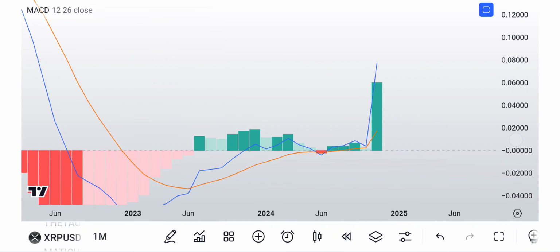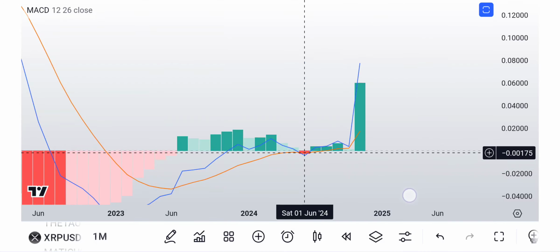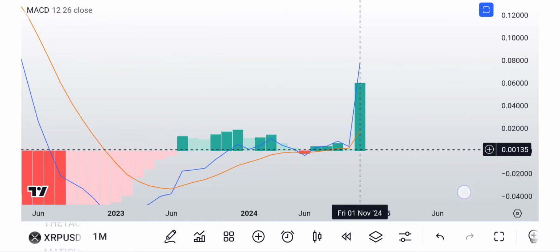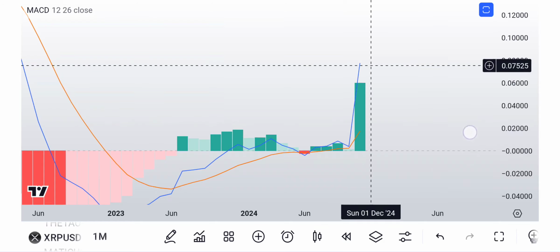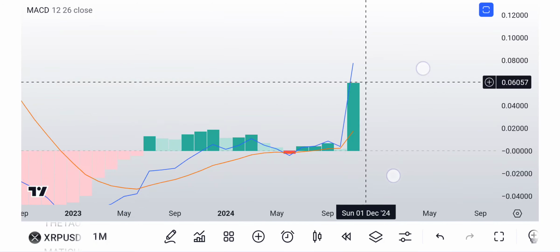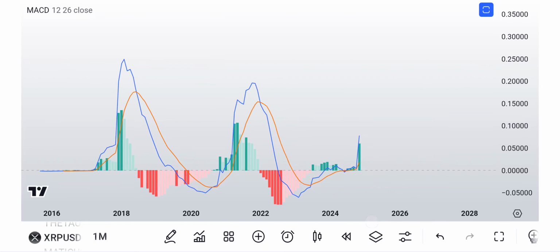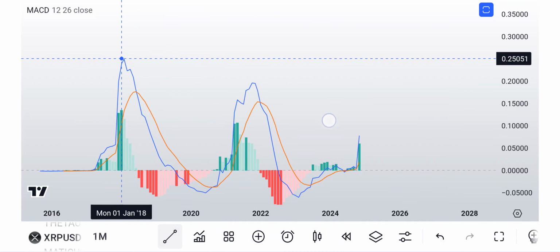So we finally crossed above the 0 on the monthly. We actually did that back in June. I haven't looked at it in a while. So let's keep moving it. You can actually see a trend line here.